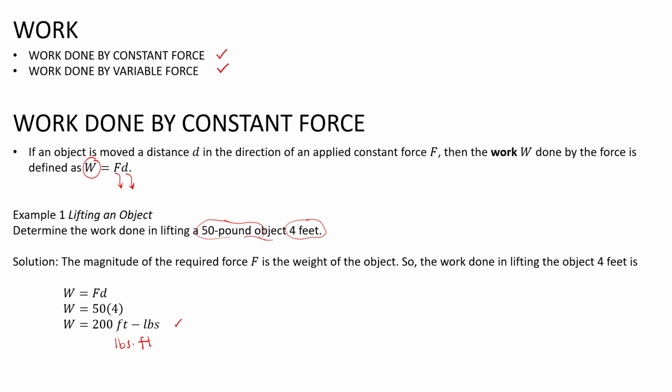So work done by constant force is super simple, since again every parameter is already fixed, meaning it's not changing. So there's no particular integral process that we need to determine, because again every parameter is already fixed.